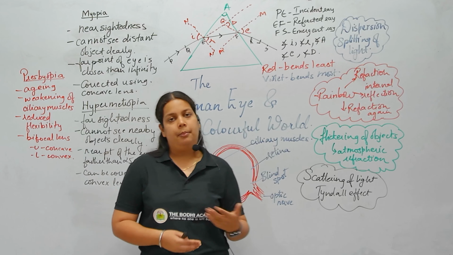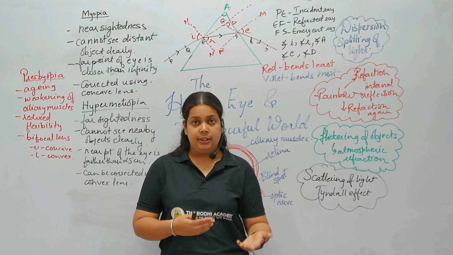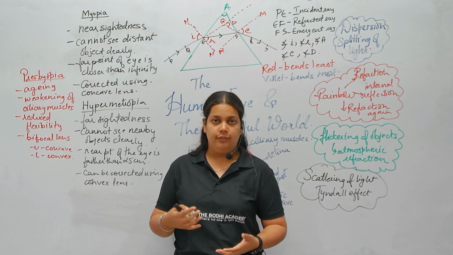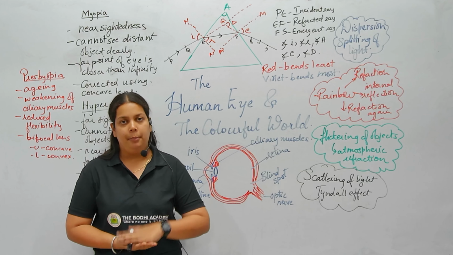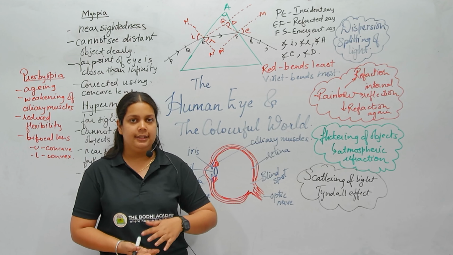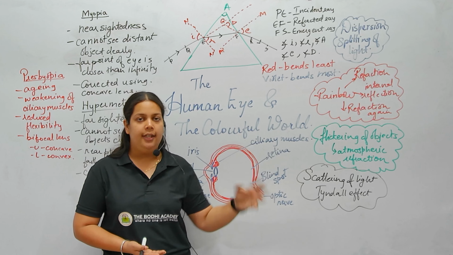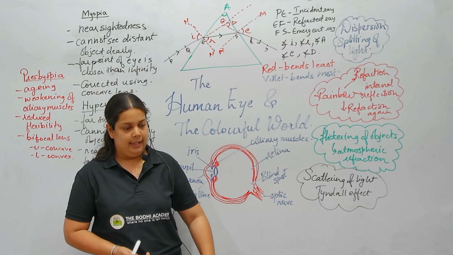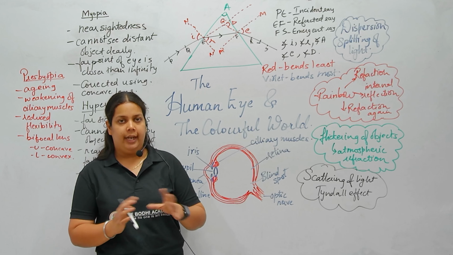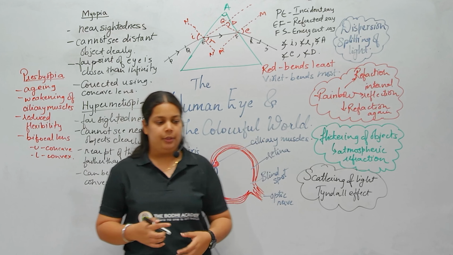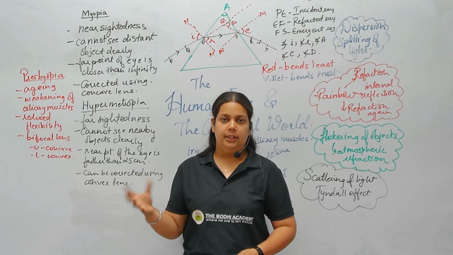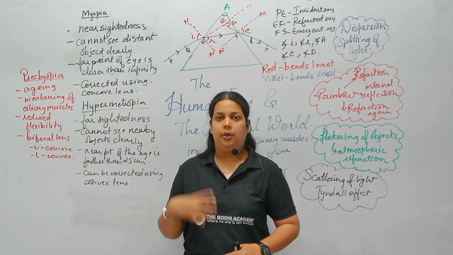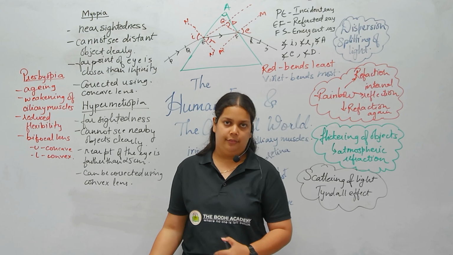The difference between the apparent position of the sun and the actual position of the sun amounts to 2 minutes, and because of that we see the sun for 2 minutes extra even after it has set. The sun also appears flattened at sunrise and sunset because the lower part of the sun's image bends more than the upper part. This is also because of the same atmospheric refraction.